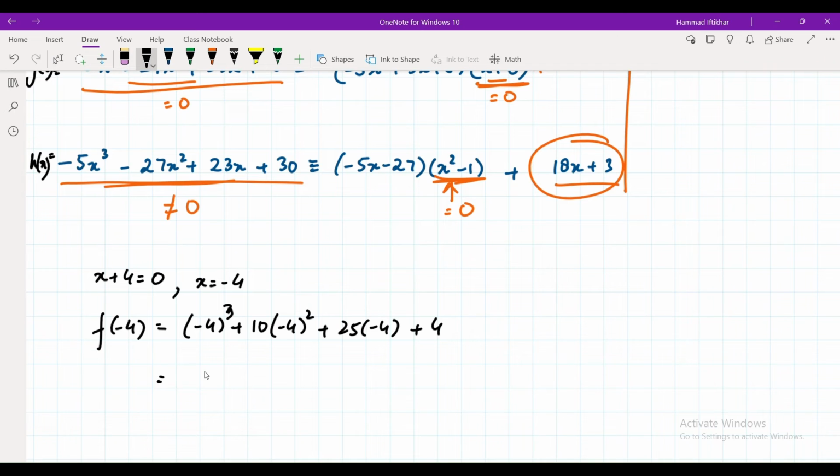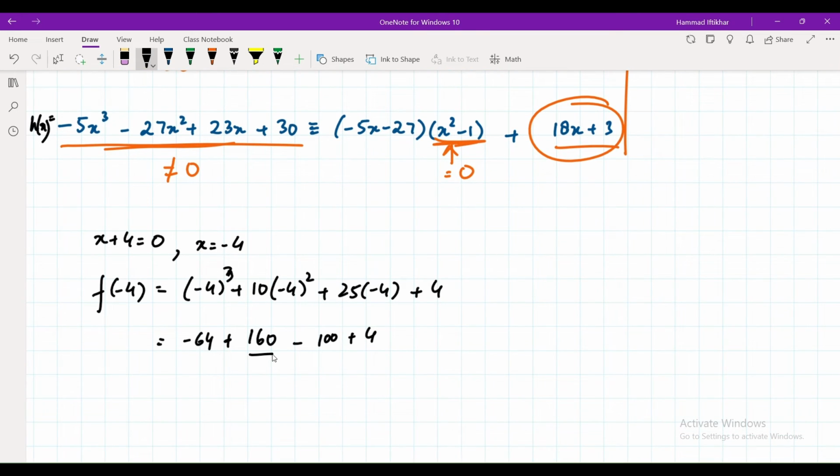So let's see. Negative 4 cubed would be negative 64 plus 10 times negative 4 squared would be 160. 25 times 4 would be 100, negative 100. And plus 4. So when we calculate this, 160 minus 100 is just 60. 60 plus 4, 64 minus 64 would be equal to 0.